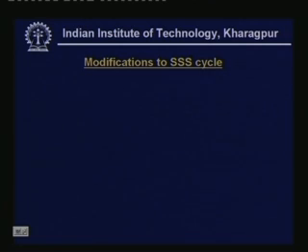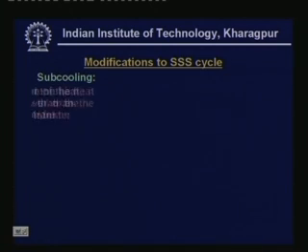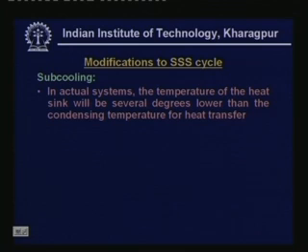Okay, now let us look at modifications to the standard saturated single stage cycle. What are the modifications? The first modification is subcooling. What do we mean by subcooling? In actual systems, the temperature of the heat sink will be several degrees lower than the condensing temperature for heat transfer.